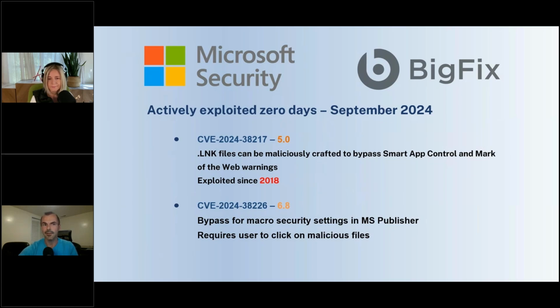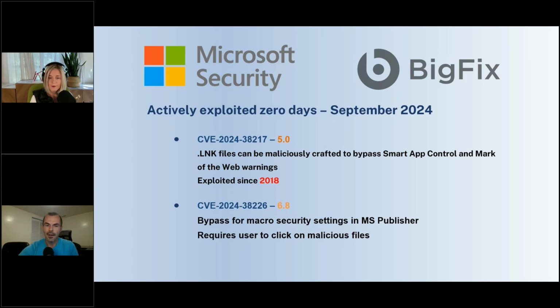This one is a little bit bad in that it removes protections from users that do get phished. So if they click a link, normally you would expect to see a warning or an extra confirmation dialog. And then this exploit removes those warnings. So it's a single click to exploit rather than the 2 or 3 clicks that you would expect to see out of a link file.